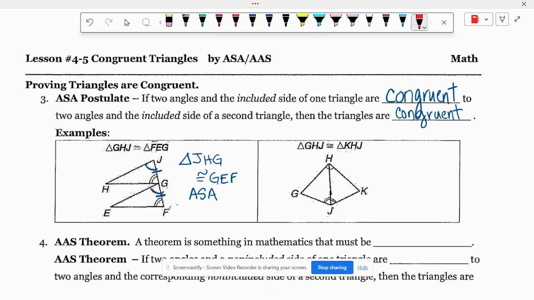Another way to do that is to say that triangle GHJ is congruent to triangle KHJ by, I see your hand, by angle, side, angle. What's missing? What's not marked here as being congruent? What's the included side that's not marked?